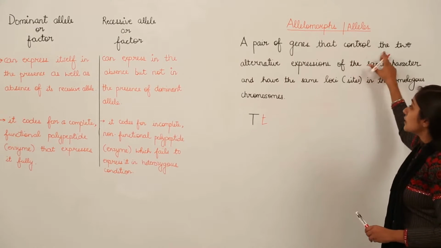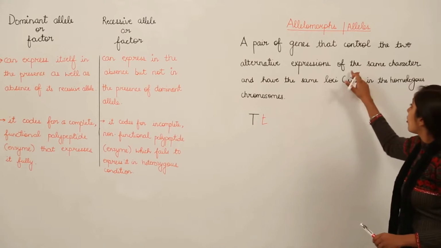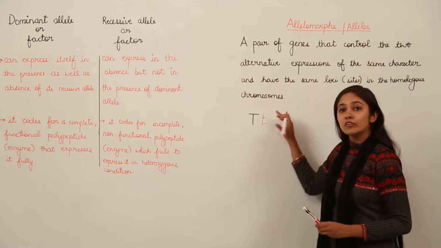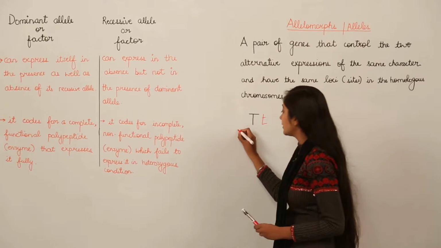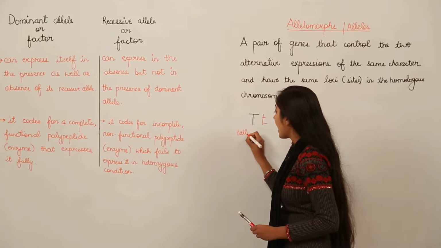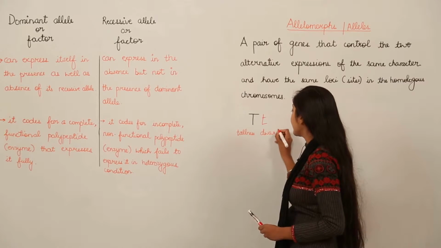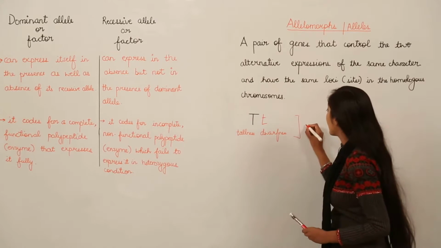that control the two alternative expressions, these are alternative expressions of the same character. Same character means they both are encoding for the height of the plant. One is encoding for tallness, and this is encoding for dwarfness. So the character is same. What is the character? The character is the height of the plant.